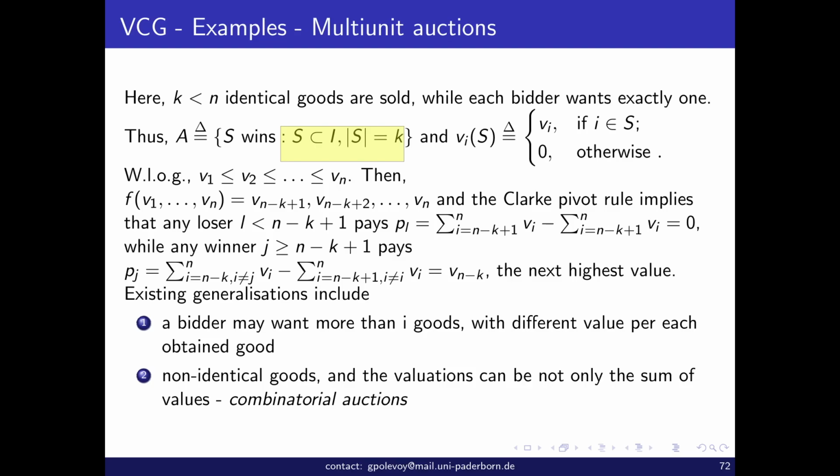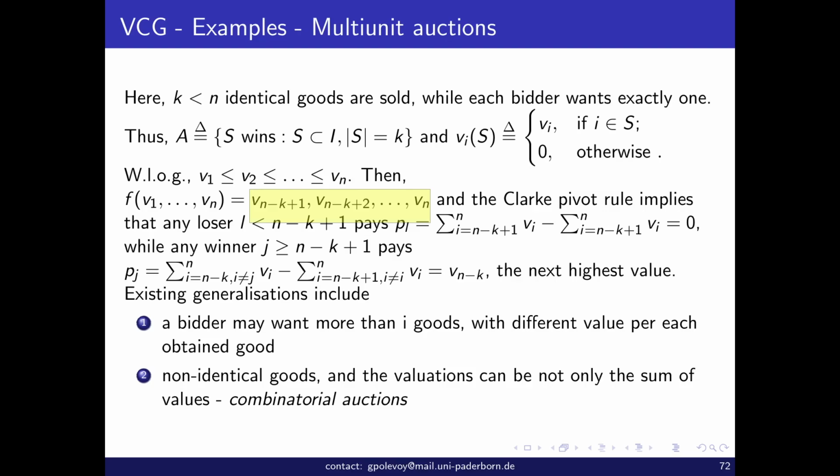But the value depends whether I get an item or not. Without loss of generality, the values V1 is at most V2, is at most V3 and so on till the end. So the optimum is to choose the k largest values from V n minus k plus 1 until the end.